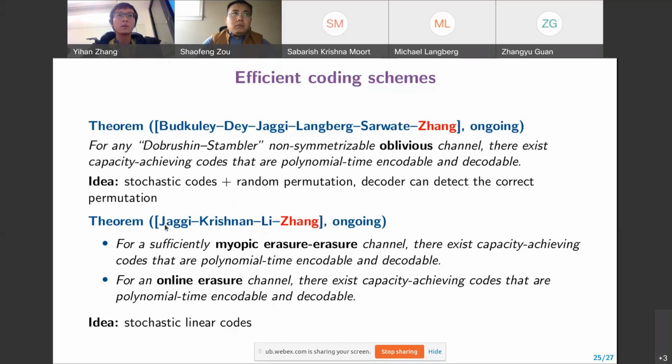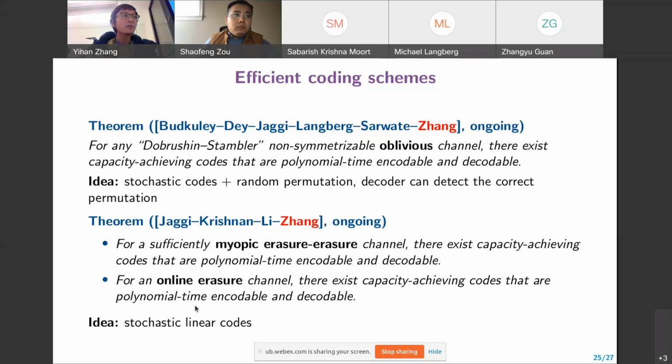Here's another sample of this type of result, which is particularly for erasure-type channels. For example, for myopic erasure channels, meaning that the channel from Alice to James is a binary erasure channel, and the channel from Alice to Bob is also an adversarial erasure channel, and James is myopic. In this case, we can also construct efficient codes. And also for online erasure channels, similar things can be done.